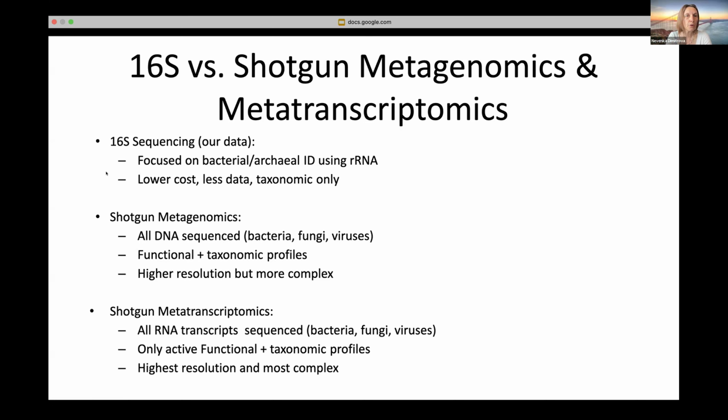So it's focused on bacterial and archaeal identification using ribosomal RNA. It's very low cost, less data, and it's taxonomic only, meaning you can have taxonomic assignment, but you probably don't know what the activity is.